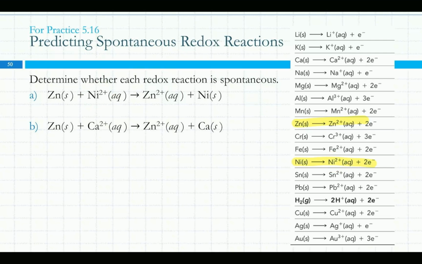So zinc is more likely to lose electrons than nickel is. So it is spontaneous. And for this next one, zinc and calcium. Calcium metal would be more likely to lose electrons than Ca2+. Here I've got zinc metal, less likely to lose electrons, would not be spontaneous.